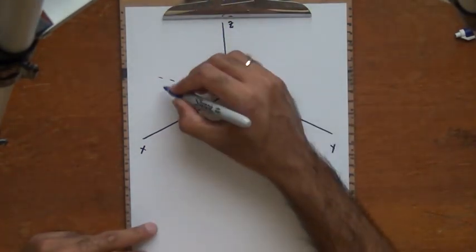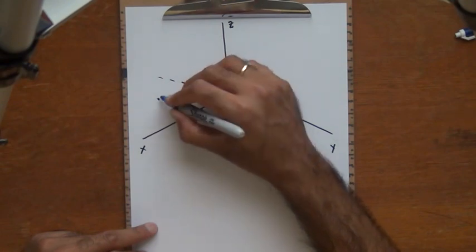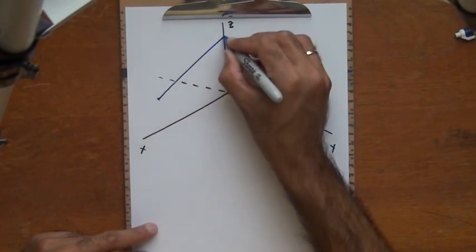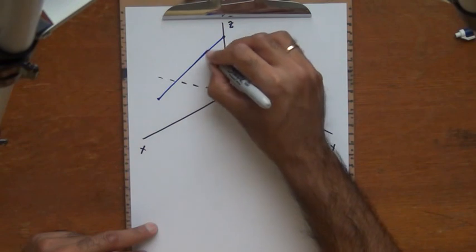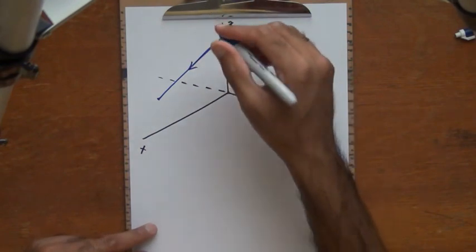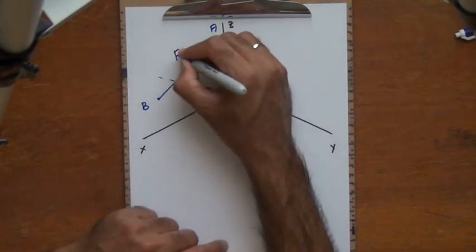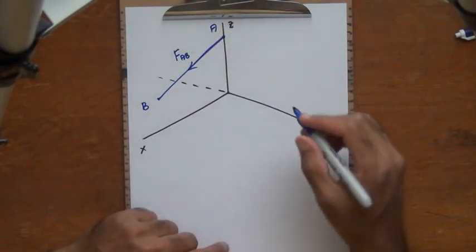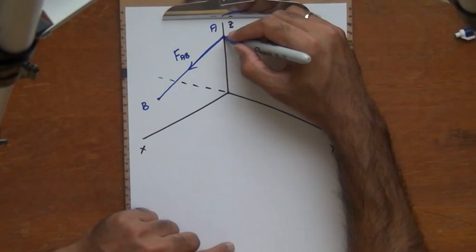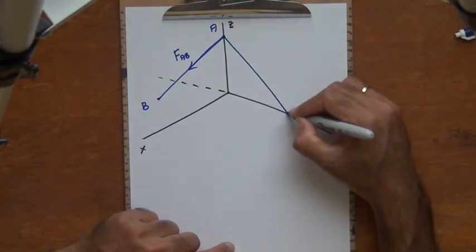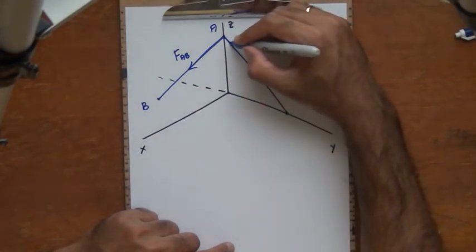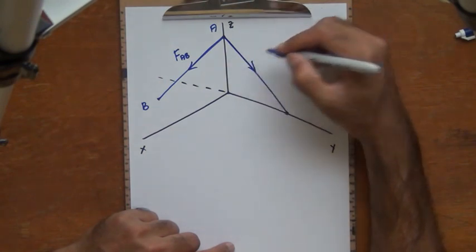So one force acting this way. This is the point A, this is the point B. I'm going to call this FAB, and then I have one more force acting from point A to point C, and I'm going to call that force FAC.